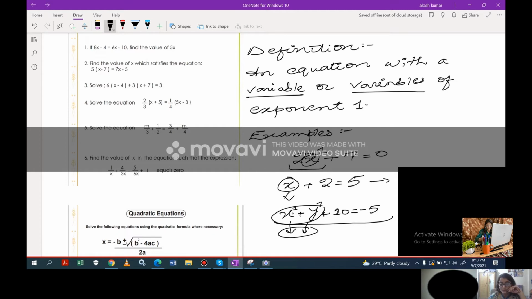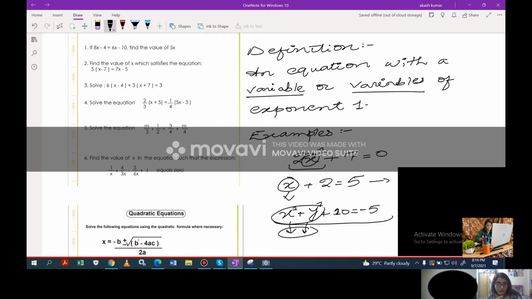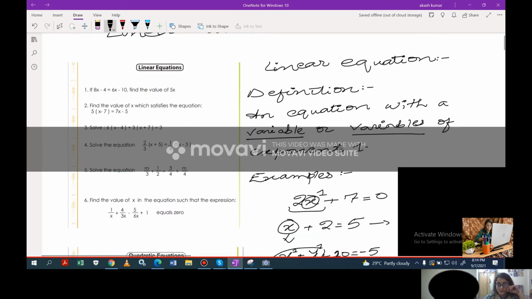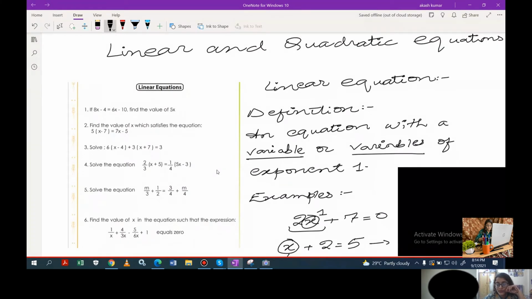So they both are examples of linear equations. Is it clear? Yeah. Okay. So let's move further to the linear equations questions, and then we will be solving the quadratic equations and understand what a quadratic equation is.